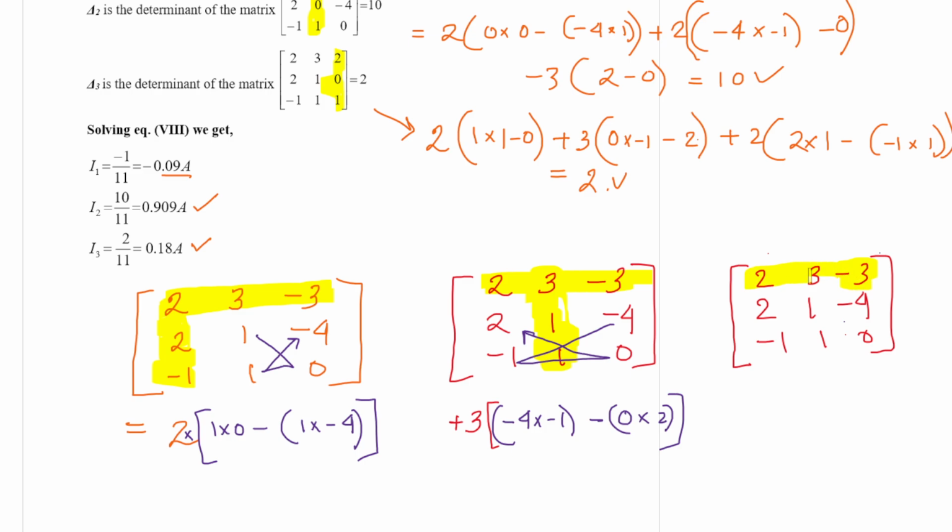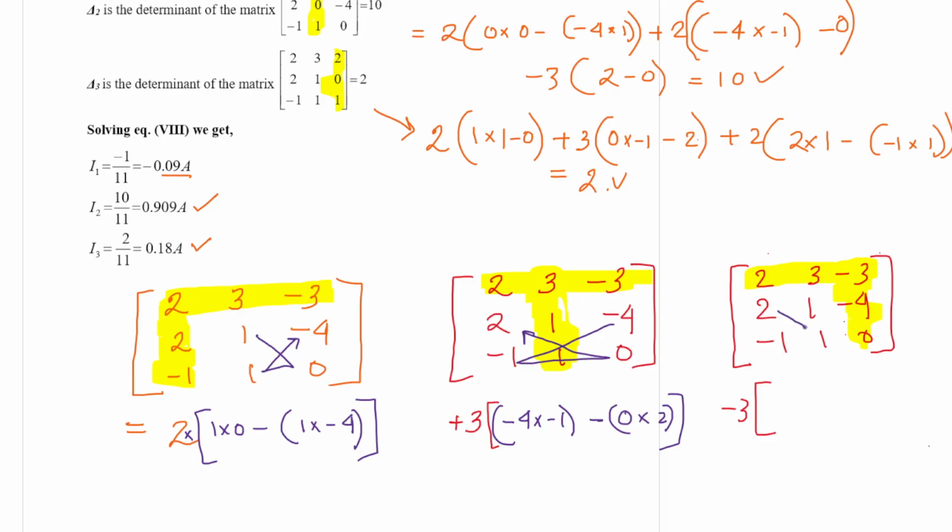So you need to suppress the respective row and column, that is the first row and third column. So it will be minus 3 multiplied with, now the calculation starts from 2.